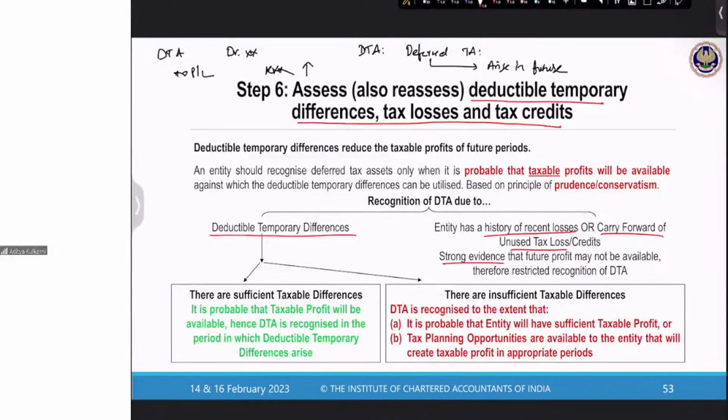But if you cannot display that, then do not recognize a DTA. This is a huge judgment call, because what happens tomorrow I cannot predict.